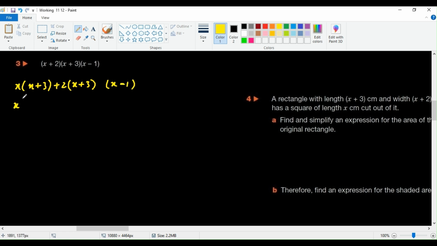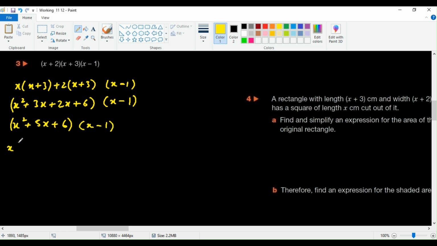This gives us x² plus 3x plus 2x plus 6, and it will be multiplied by x minus 1. This gives us x² plus 5x plus 6 multiplied by x minus 1.